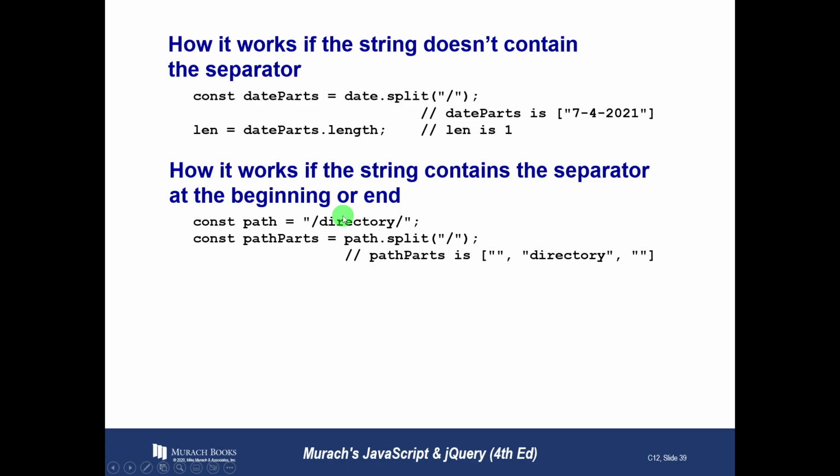When we used the dash, the dash was the delimiter. In this case, we're using this forward slash as the delimiter. So what does it do if there's one right at the beginning or right at the end? It creates an empty string first, then it has the word directory and then another empty string at the end. So it still splits it into 3 parts based on these 2 delimiters that are there. But the first one and the last one in this case end up being empty strings.